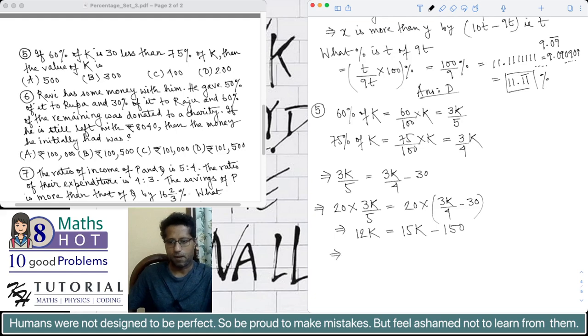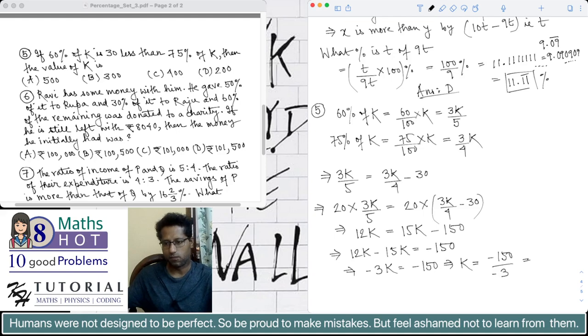If I bring the K terms to the left hand side, I get 12K minus 15K is equal to minus 150. This implies minus 3K is equal to minus 150. This implies K is equal to minus 150 divided by minus 3, which is equal to 50. So the value of K is 50.